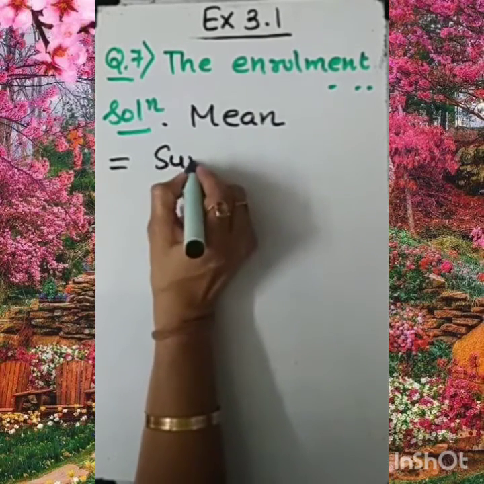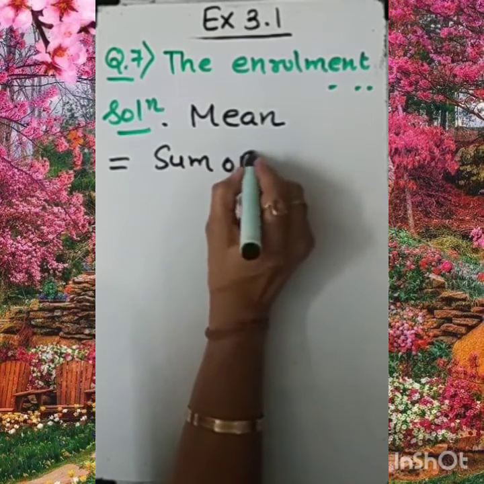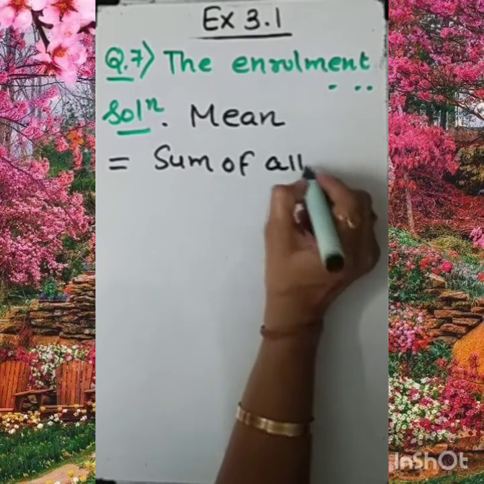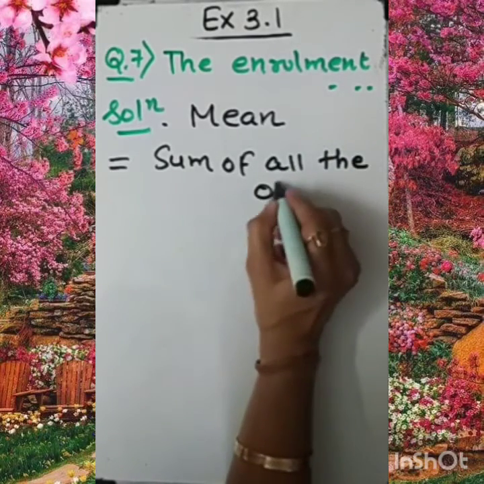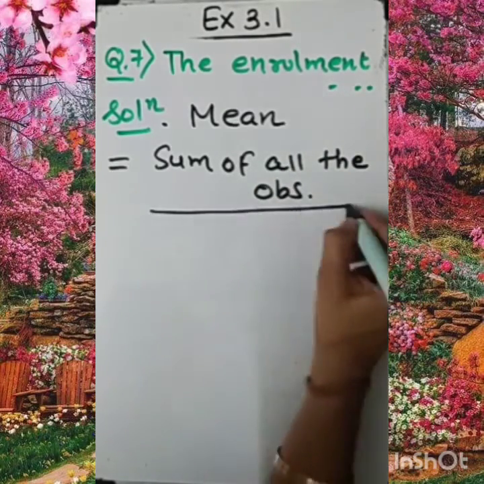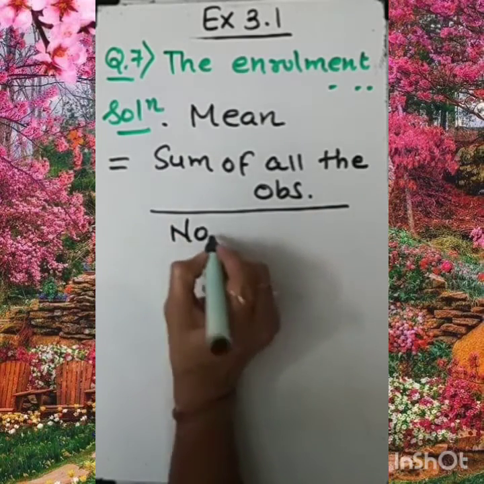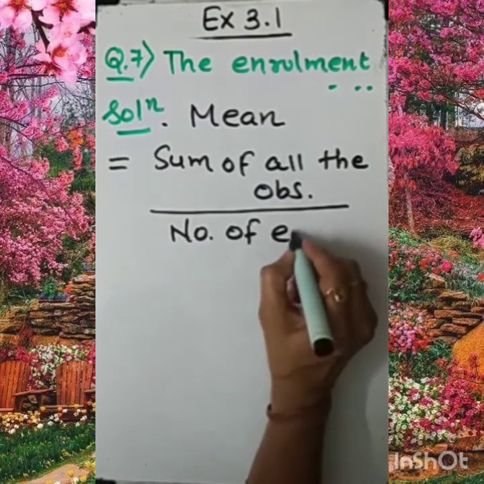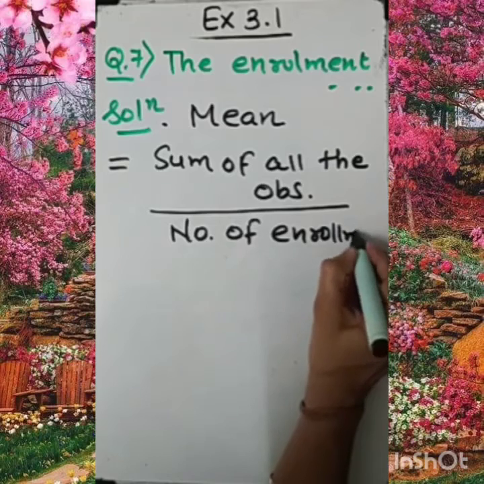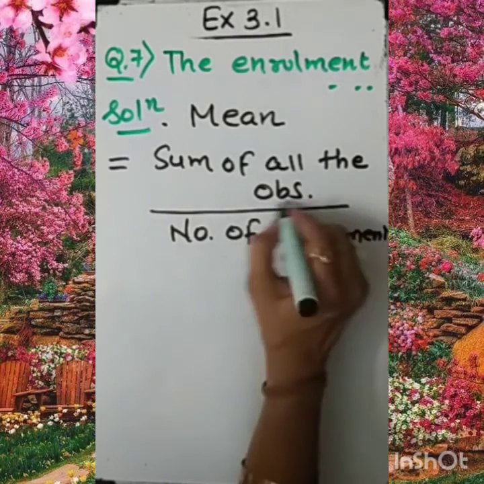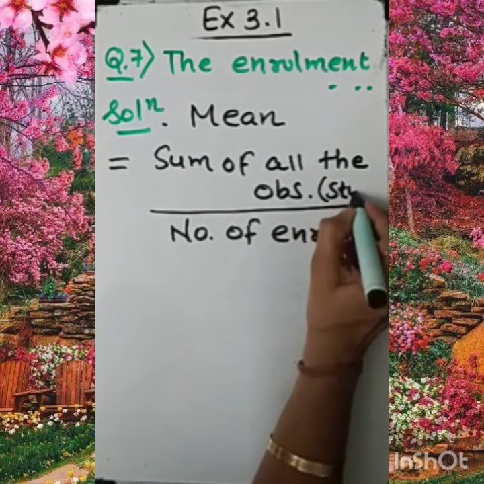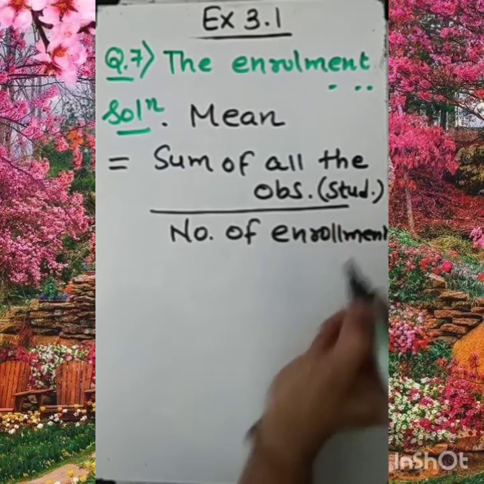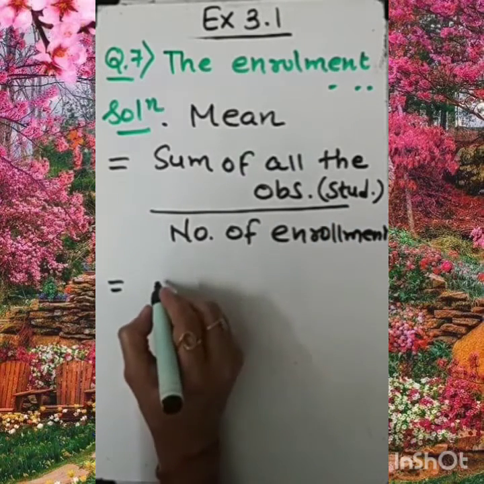For that we need the sum of all the observations, which will be divided by the number of enrollments. Here the observations are the numbers of students. So let's add all of these.